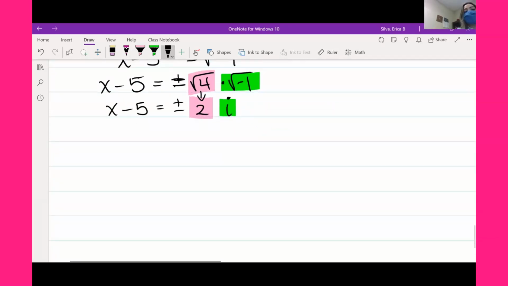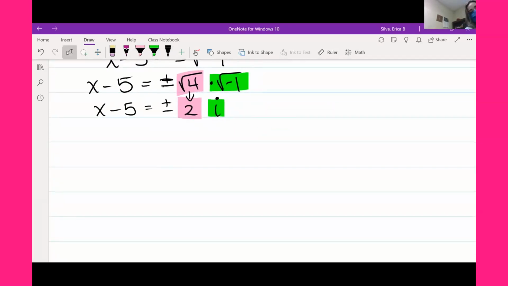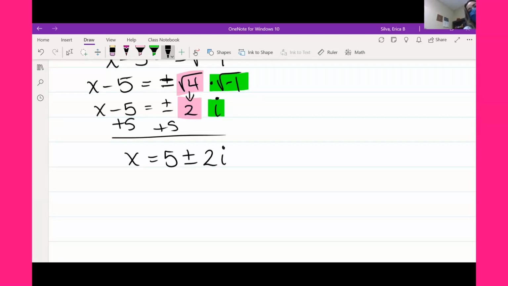So now you can either break it up into 2, or you could do it both at the same time. You can add 5, and we get x is equal to 5 plus or minus 2i.